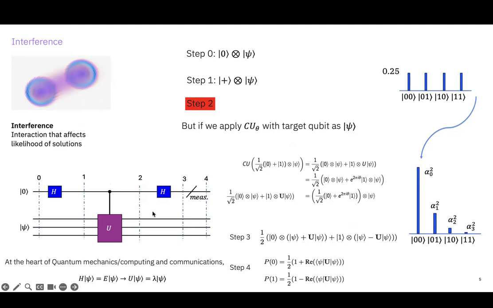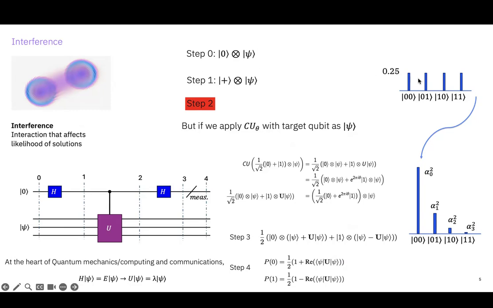The philosophy is similar, but instead of flipping the bit here, we will create an interference pattern, and the intensity of the interference will vary based on the angle chosen for the unitary operator. So here our resultant state will be normalized, 0 plus e to the power 2 pi i theta and 1, tensor product with some psi. The second qubit you have taken as psi.